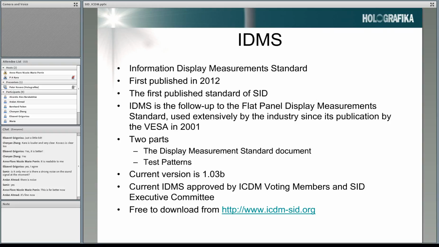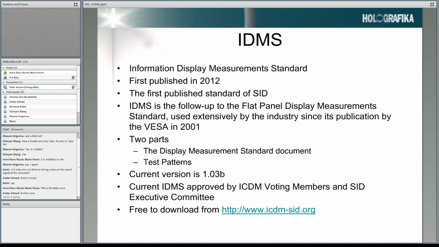This version of the IDMS has been approved by both the ICDM voting members and the SID Executive Committee that I described before. And the standard as well as the test patterns can be downloaded free of charge from the internet from this website, icdm.sid.org.